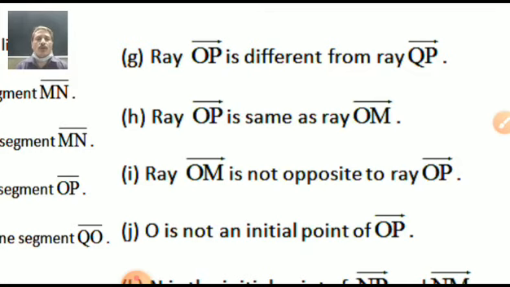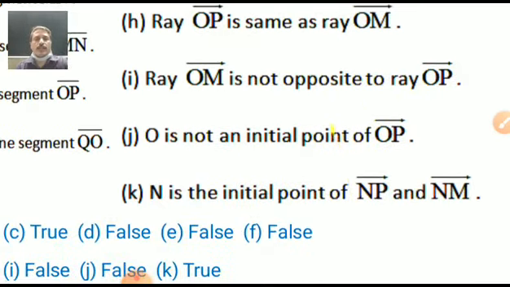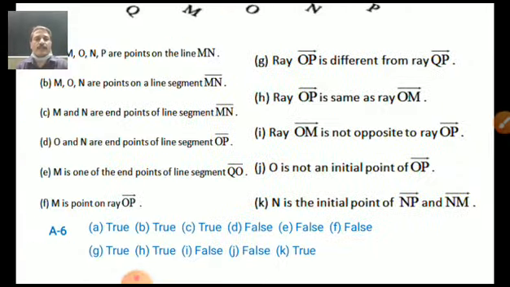J. O is not an initial point of ray OP. K. N is the initial point of ray NP and ray NM. Let's check all the answers.